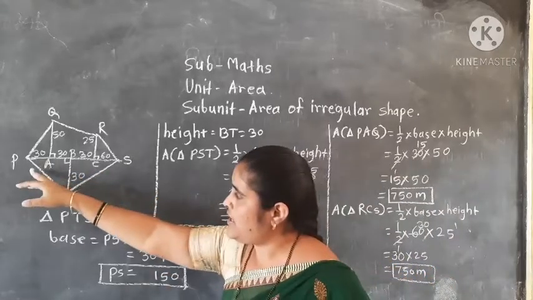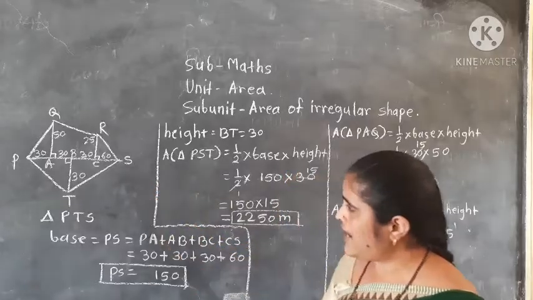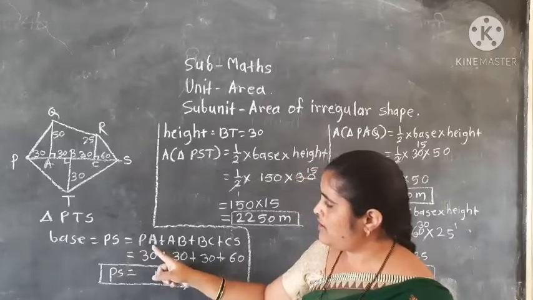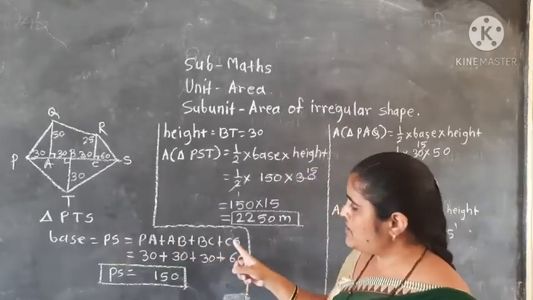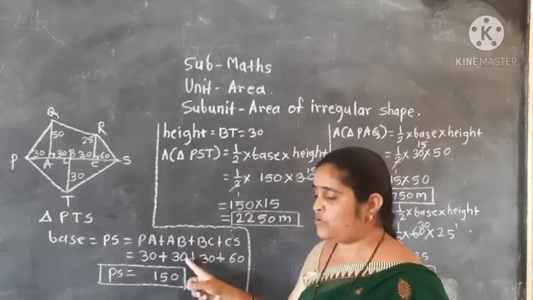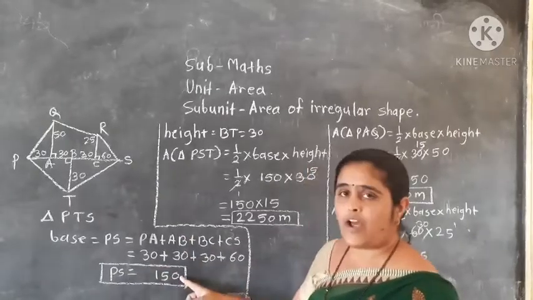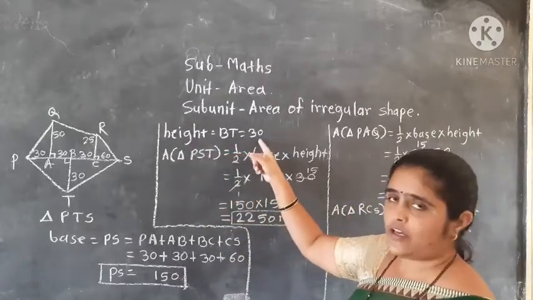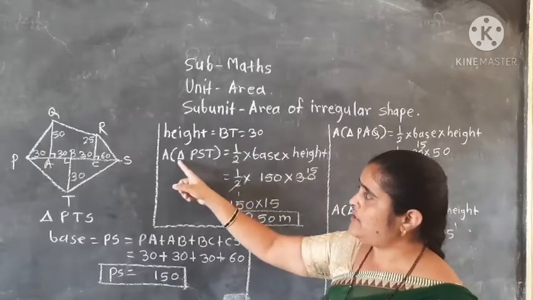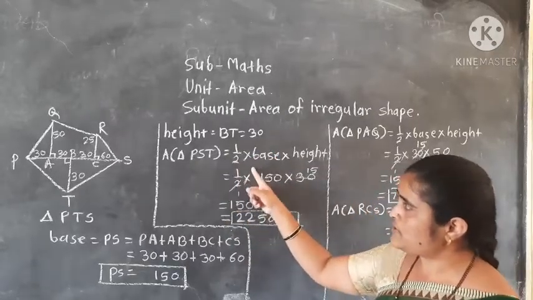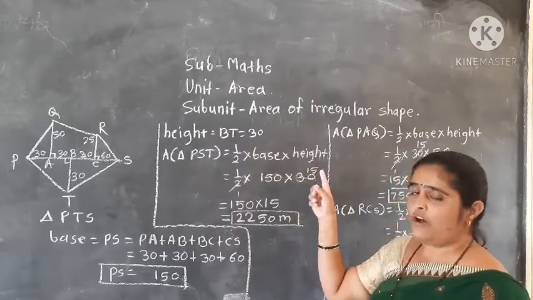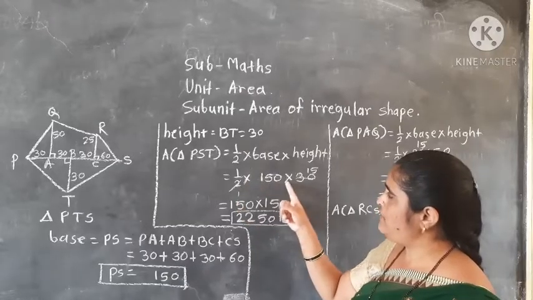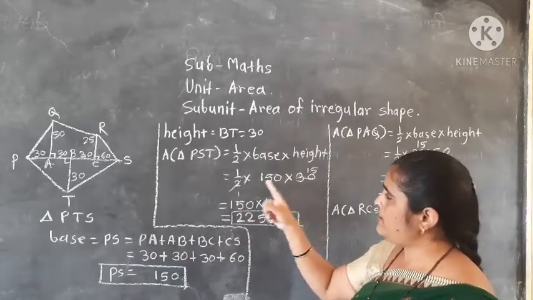First we have to calculate the area of triangle PTS. In that we first calculate the base PS. Base PS is nothing but PA plus AB plus BC plus CS. We add these values and base PS is 150. After that the height BT is given as 30 meter. For calculating the area of triangle PST we use the formula 1/2 into base into height. In that we add the values, 1/2 into 150 into 30. We divide 30 by 2.